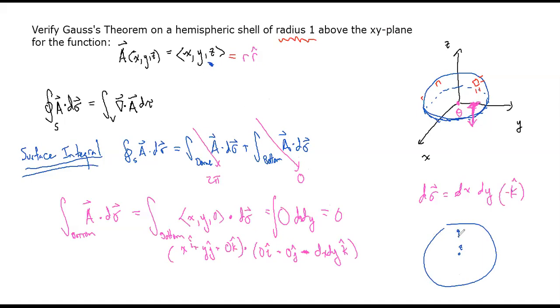So I'm going to be looking at these vectors that look like this. And when I dot product them with the area element, I get nothing. Right? So it's okay if that intuition or visualization isn't quite there yet, but it will be.